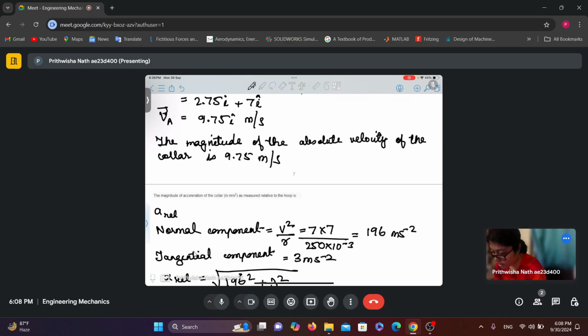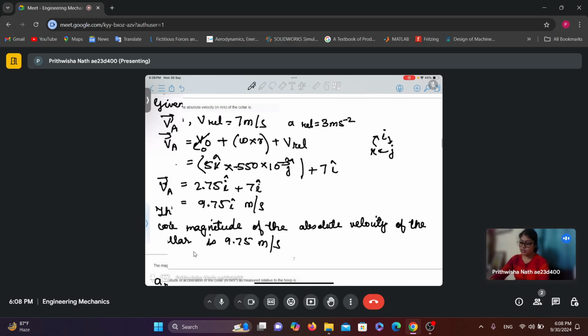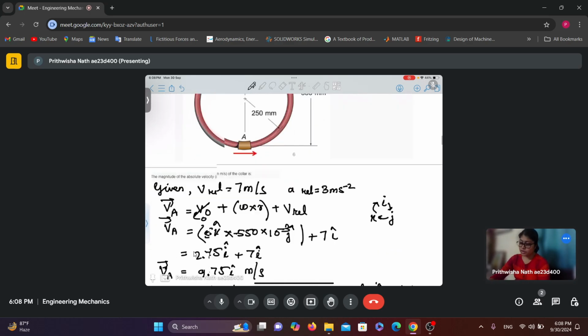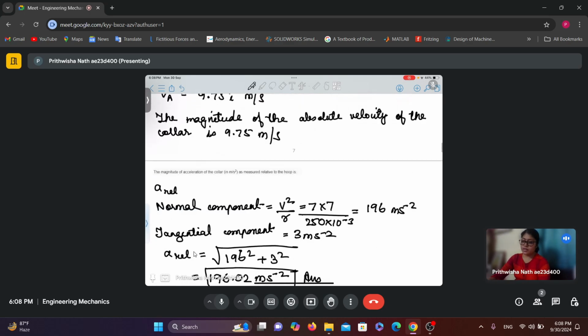Now in the next part of the problem, they have asked for the magnitude of the acceleration of the collar as measured relative to the hoop. So there are two components: one is the normal component and one is the tangential component. The normal component is V square by R, and V is given as 7 and R is 250 millimeter, which is also given in the problem, so we have to convert it to meters.